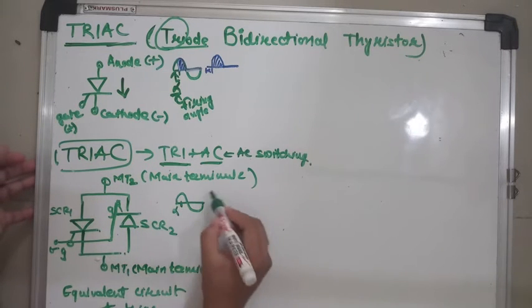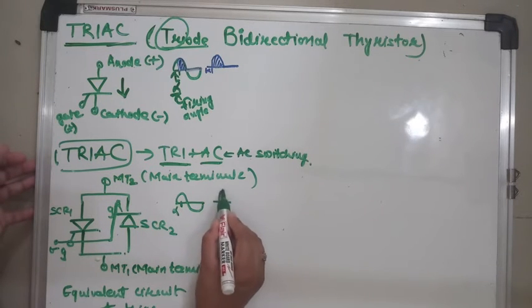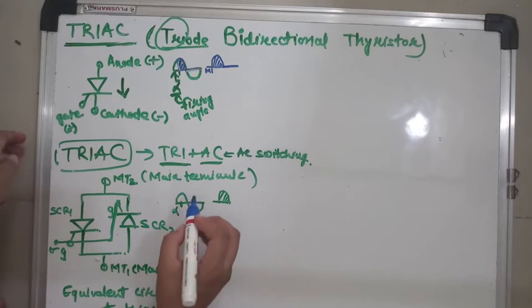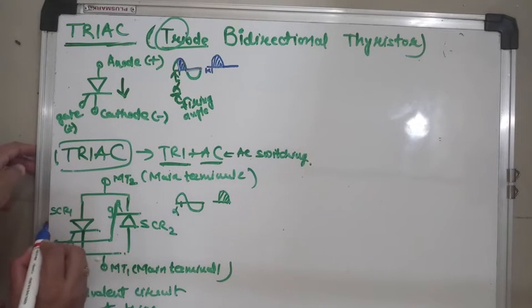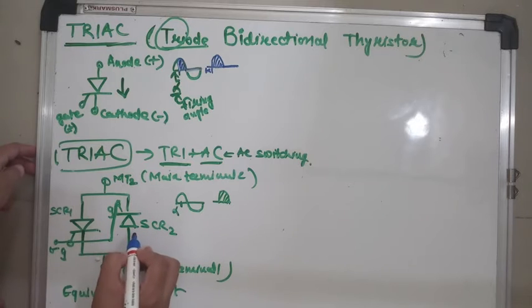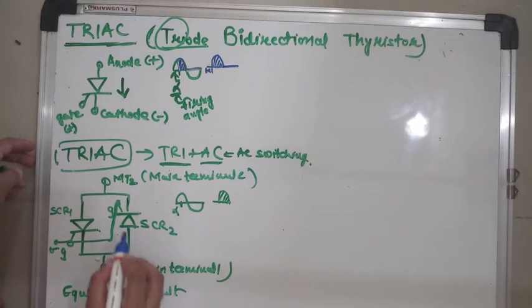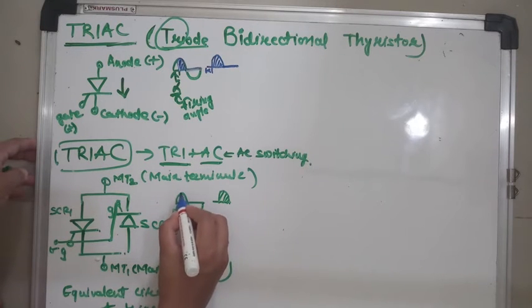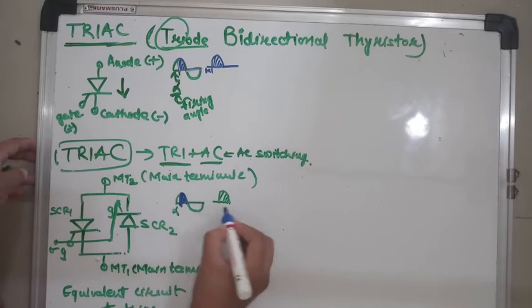So you will get a controlled output. When SCR1 is triggered, SCR2 remains off, and current flows from MT2 to MT1. So you will get the output like this.